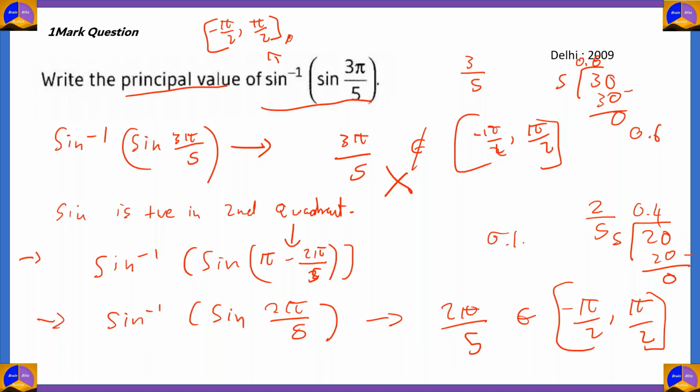And 0.4 is less than 0.5. 0.5 is 1 by 2. So 0.4 pi will be less than 0.5 pi. So 2 pi by 5 is obviously greater than minus pi by 2, but it is less than pi by 2. So that makes this the principal value of sine inverse of sine 3 pi by 5.